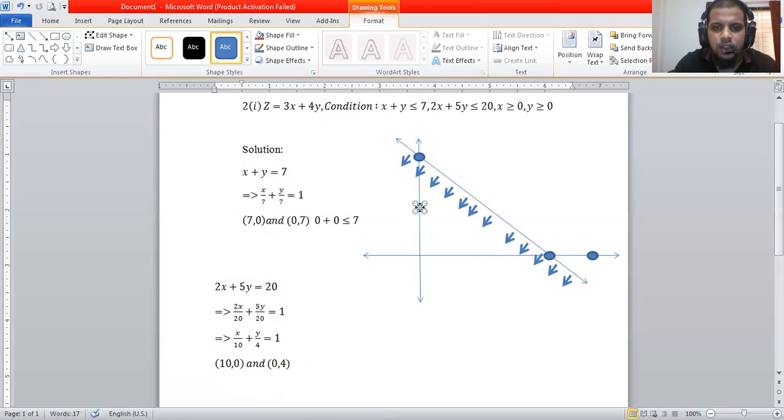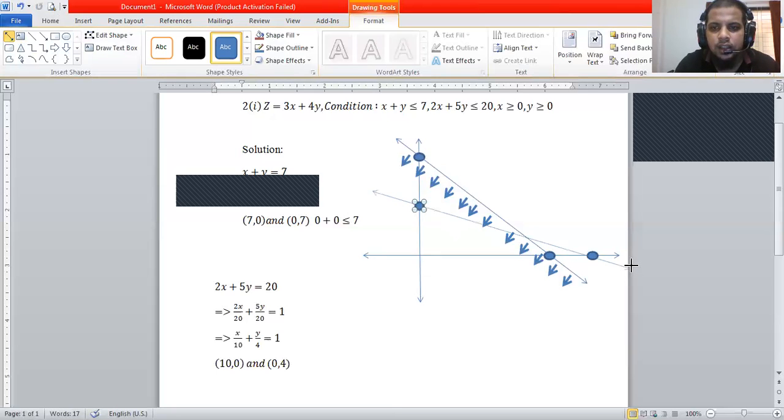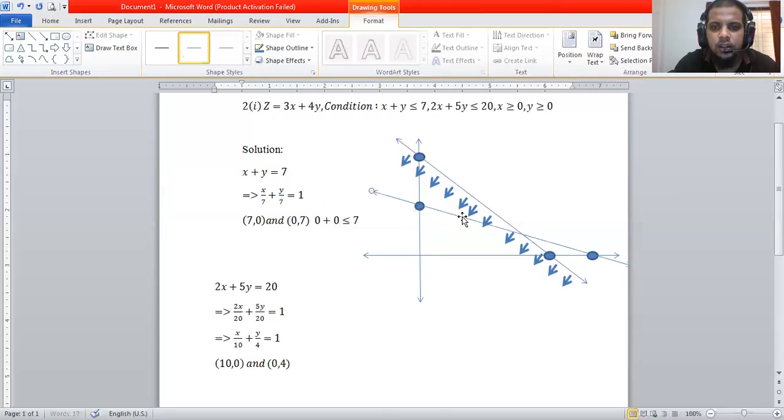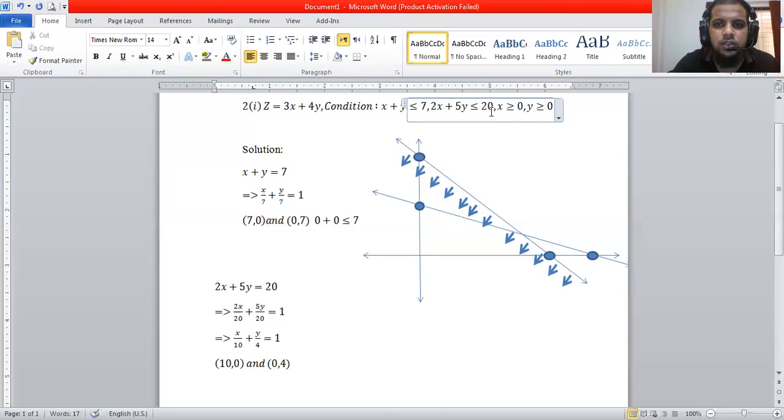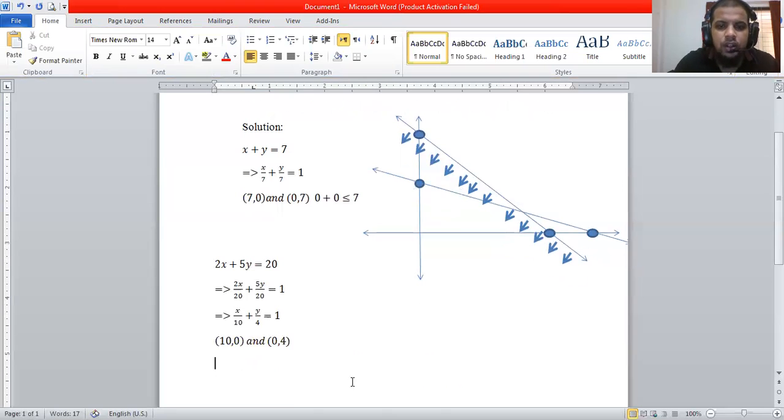We are going to draw the line. It is our line, 2x plus 5y is equal to 20. Now we have to consider whether the sentence is true for the origin.